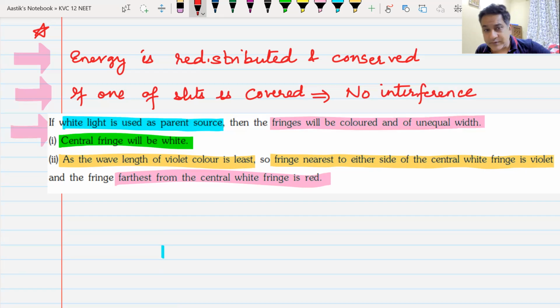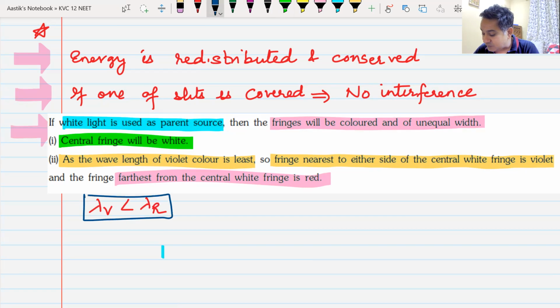The central fringe would be bright and the red would be farthest. This happens because the wavelength of violet is small compared to the wavelength of red light. You will understand what effect this wavelength has in today's class, but this was the reason for the point that we had written.